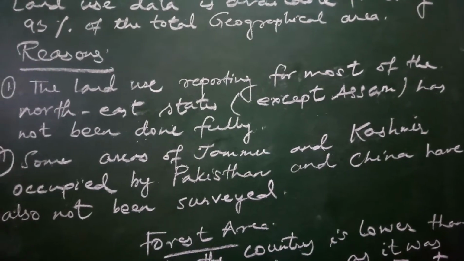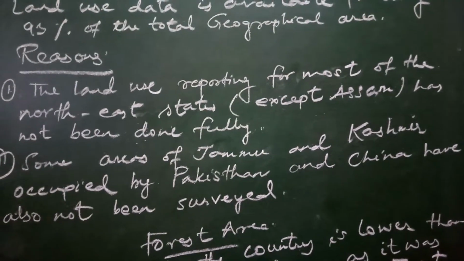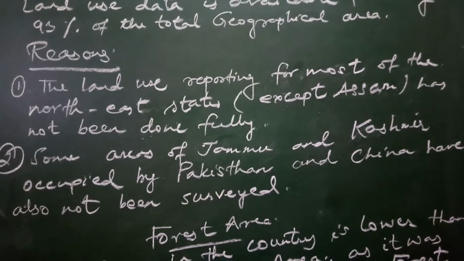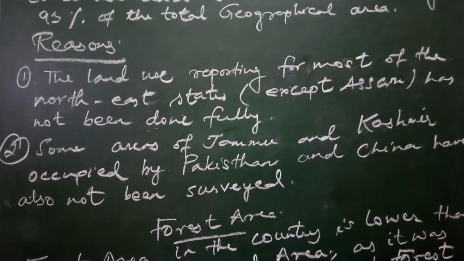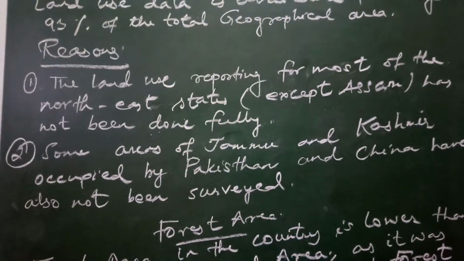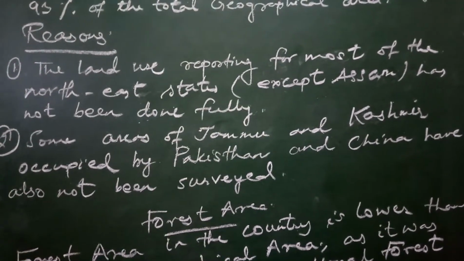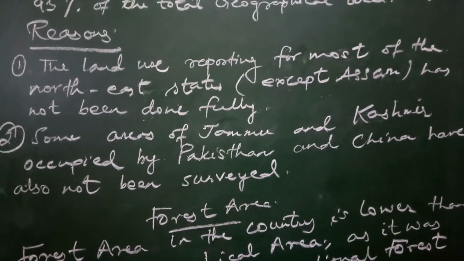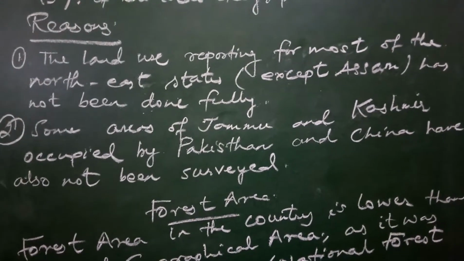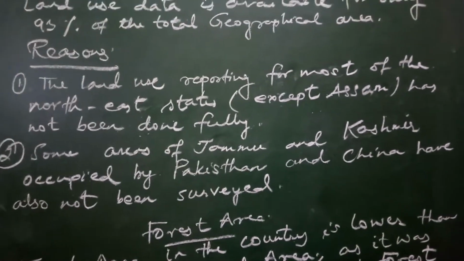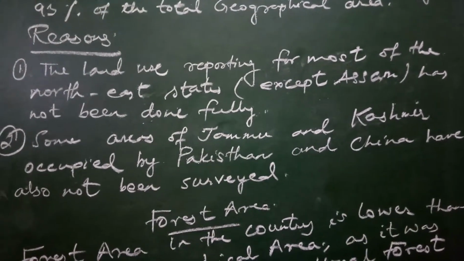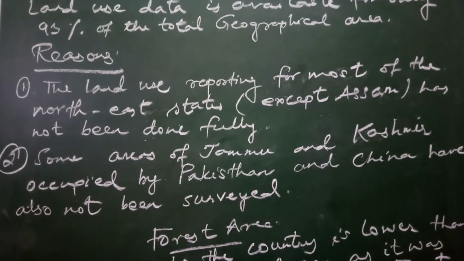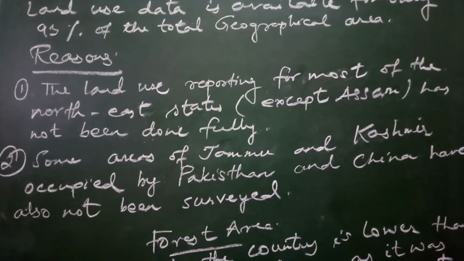It may be because of dense forest and inaccessible areas. And number two, some areas of Jammu and Kashmir occupied by Pakistan and China have also not been surveyed. So data is available only for 93% of the total geographical area.